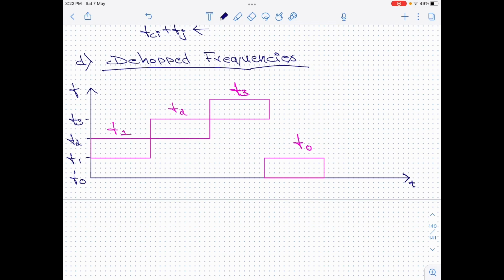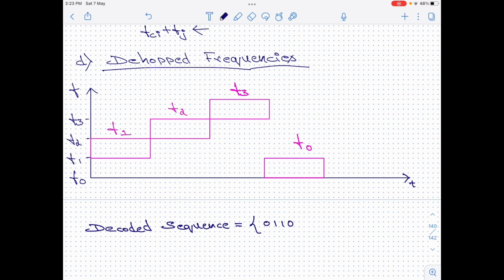Now finally, if you want to know whether the complete operation was correctly done, you simply decode the de-hopped frequencies. If the decoded sequence is equal to the input binary sequence, then the complete operation what you have implemented would be correct. So let me now write the decoded sequence here. The first de-hopped frequency is F1. F1 stands for 0, 1. The next de-hopped frequency is F2. F2 stands for 1, 0.